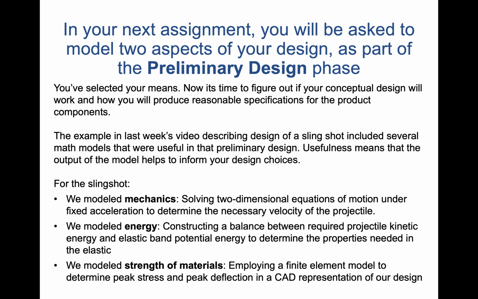And then we modeled strength of materials. We employed a finite element model to determine the peak stress and peak deflection in a CAD representation of our design, and we found out that our original assumption that polymer might be a good choice was wrong, and we chose instead an aluminum design for our slingshot.